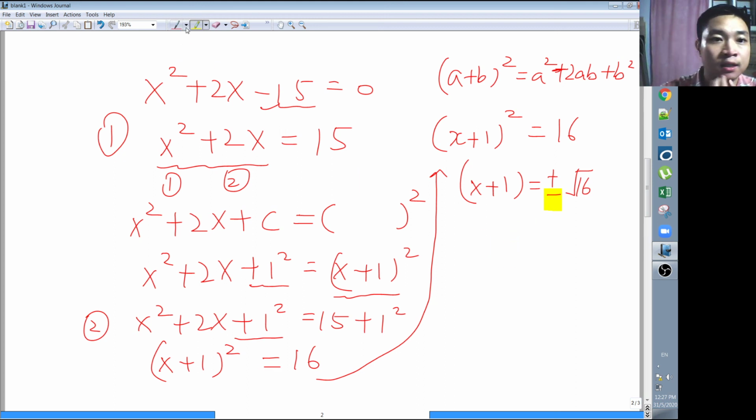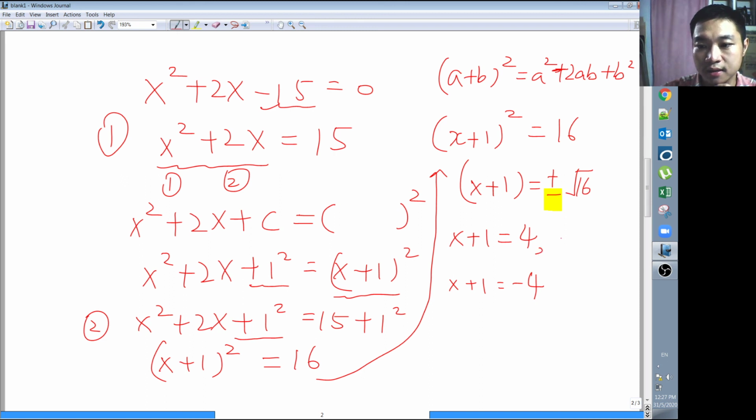So you have two answers here: x + 1 equals square root 16, and x + 1 equals negative square root 16. We did this in our previous page: square root 16 is 4, and minus square root 16 here is minus 4.